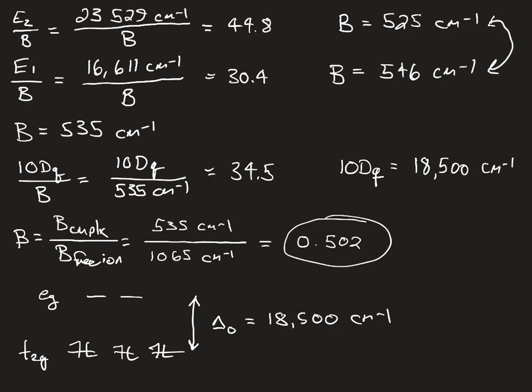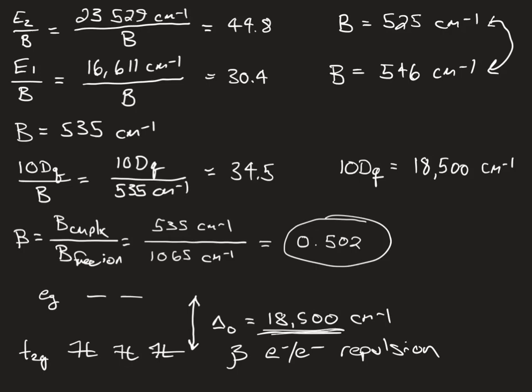The reason for this is that this beta value reflects relatively small electron-electron repulsion energies, allowing this low spin state to occur for this cobalt 3 plus ion despite this relatively small value for delta O for a low spin complex.